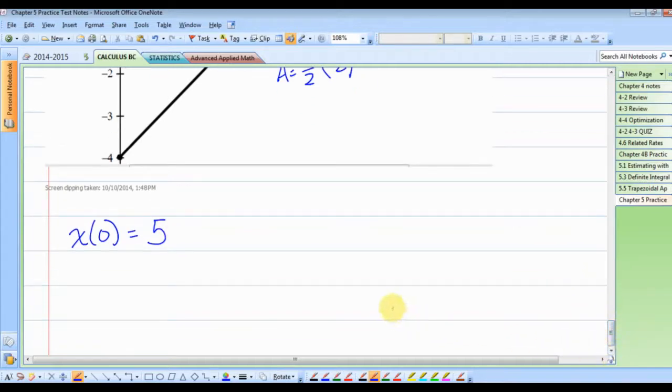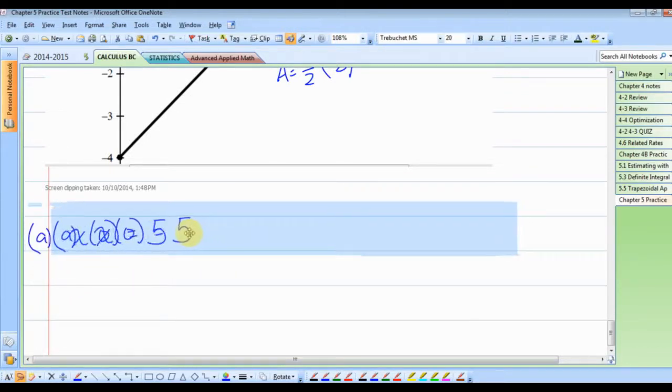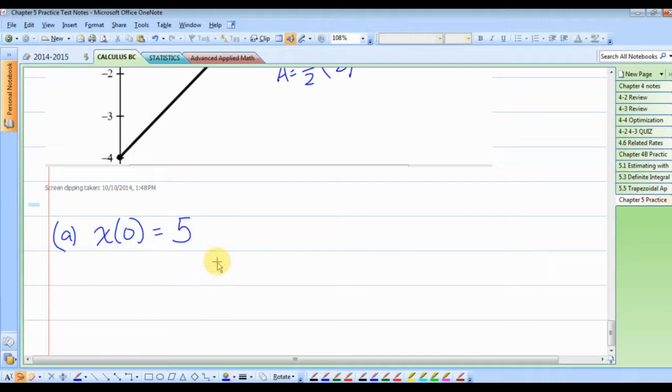Great. Okay, so we're going to do some integral expressions. First question, what is x of 0? 5. How do you know that? It's given. Good. Next one. You need to find x at 4.